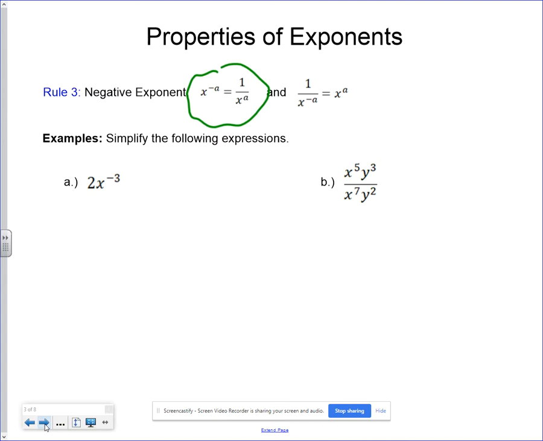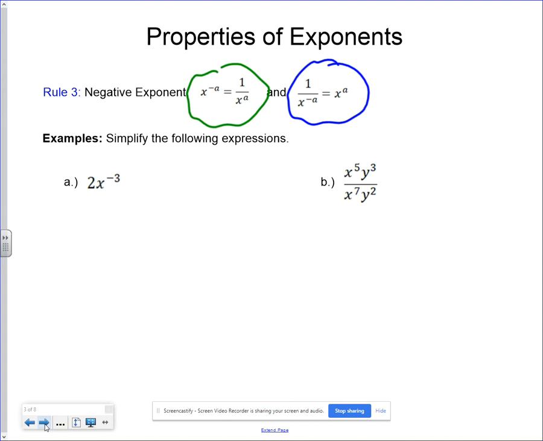And 1 over x to the negative a is equal to x to the a. Basically, what the negative exponent does, it works like an elevator. It moves it up or down in the fraction. It either moves it to the numerator or the denominator of the fraction, depending on where it is originally.